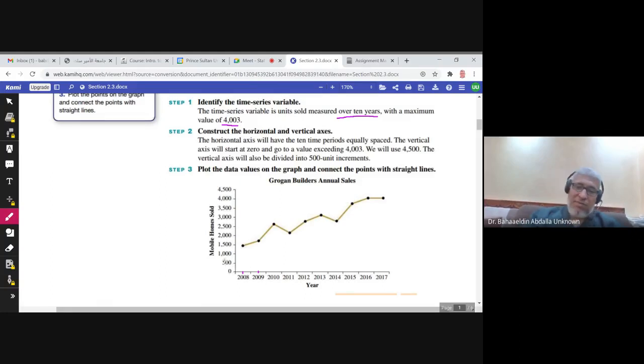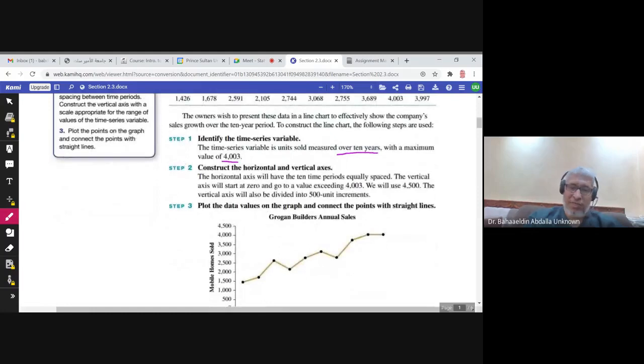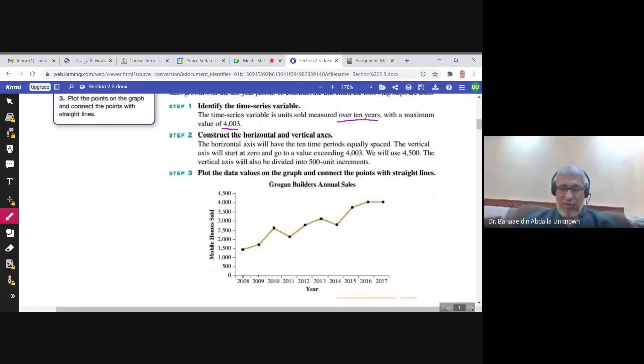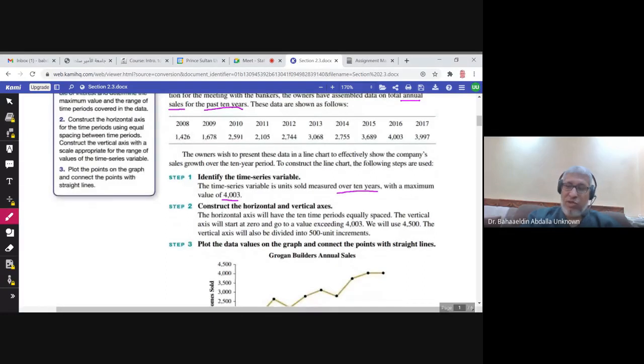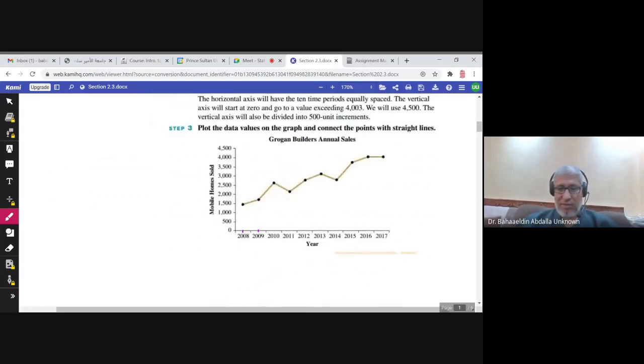Now let us plot the points. In 2008, the sales were 1,426. So in 2008, we go to 1,426. It's close to 1,500. So we put a point here. And then the second year, in 2009, we have 1,678.